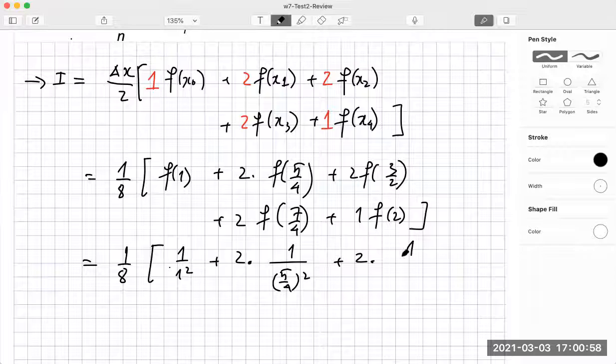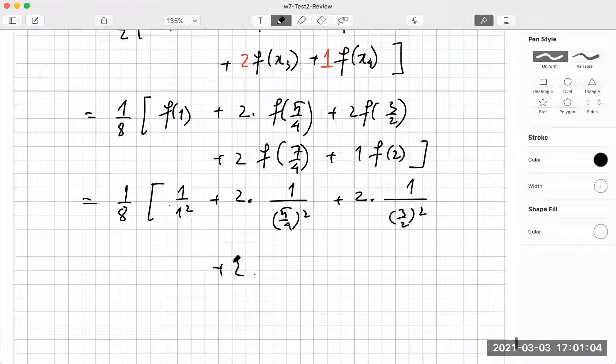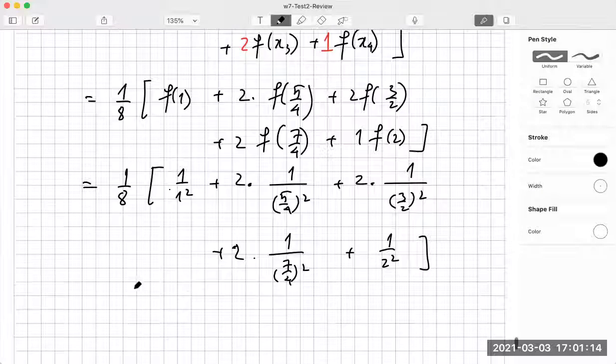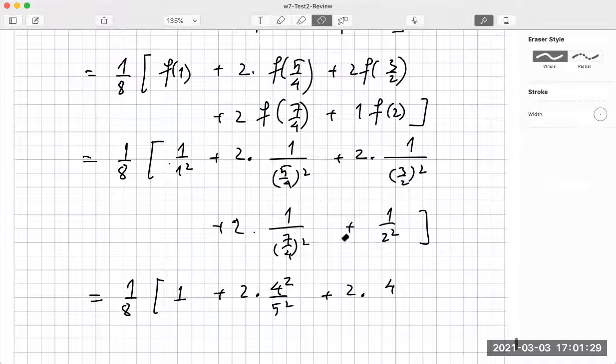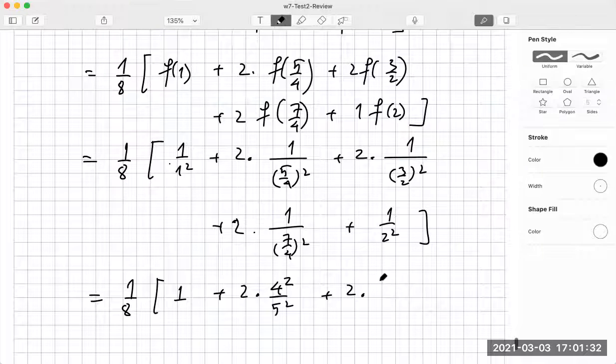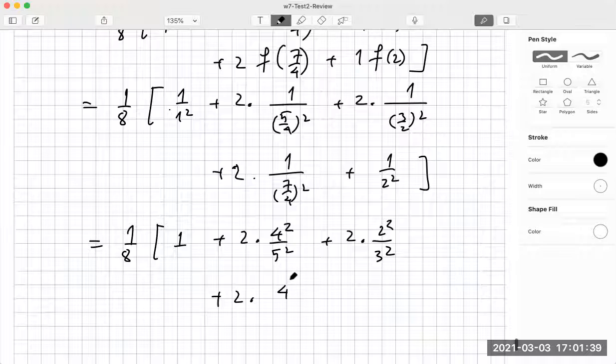Excuse me. 1 over (3/2) squared plus 2 times 1 over (7/4) squared plus 1 over 2 squared, which is 1/8. 1 plus 2 times 4 squared over 5 squared plus 2 times 2 squared over 3 squared plus 2 times 4 squared over 7 squared plus 1/4.